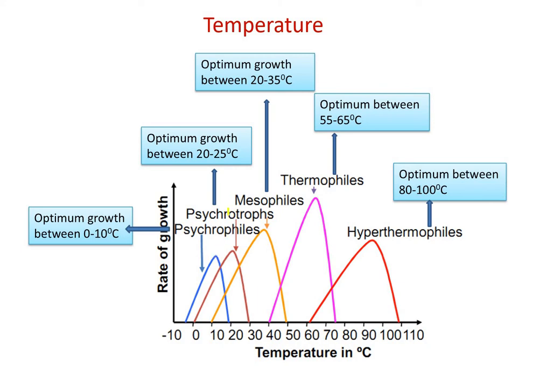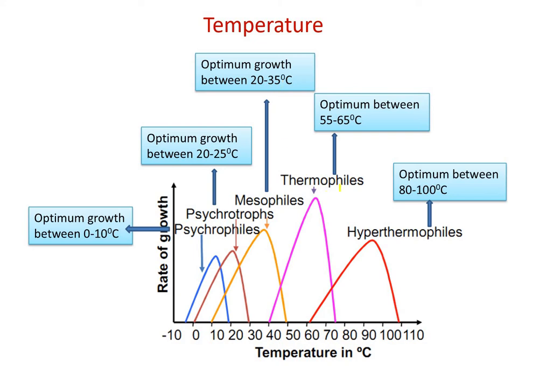Psychrotrophs have an optimum growth temperature of 20 to 25 degrees centigrade. Then mesophiles have optimum growth between 20 to 25 degrees centigrade. Almost all microorganisms fall under this category.